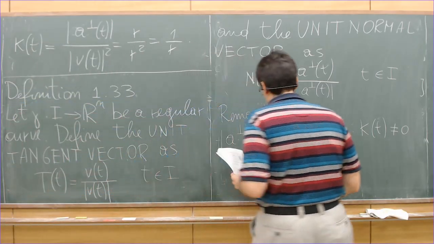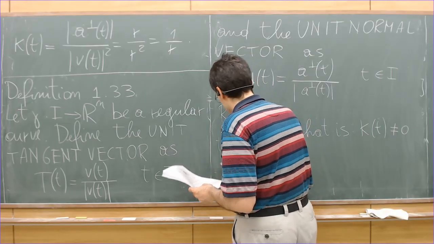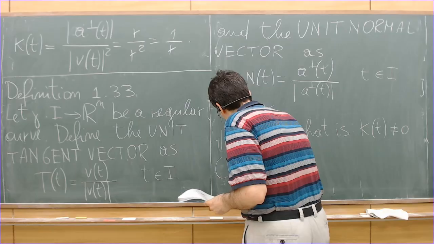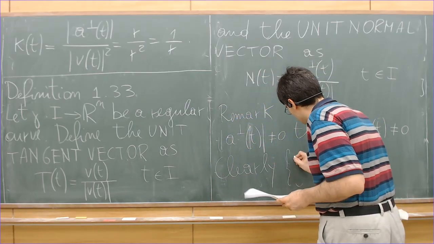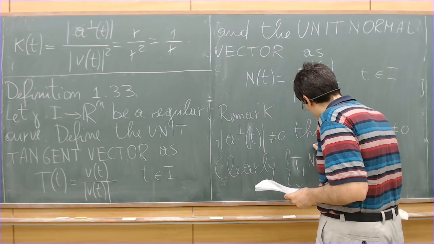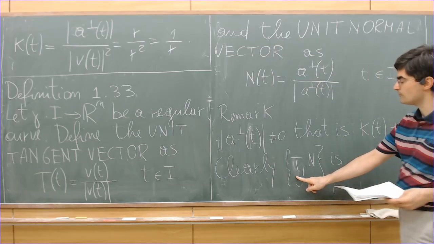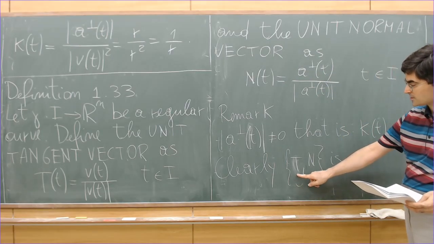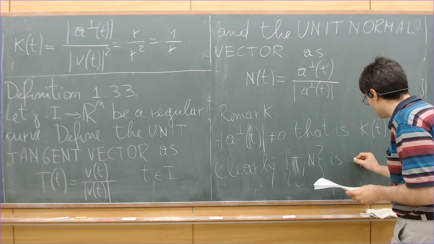It is clear that the collection of vectors T, n is orthonormal.